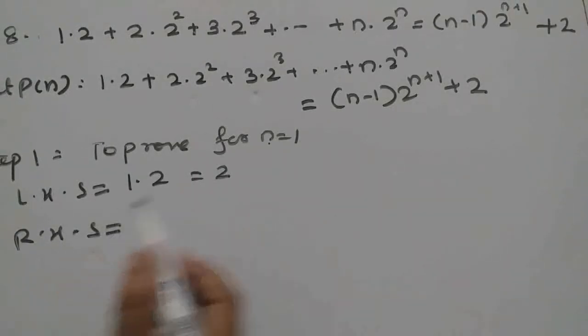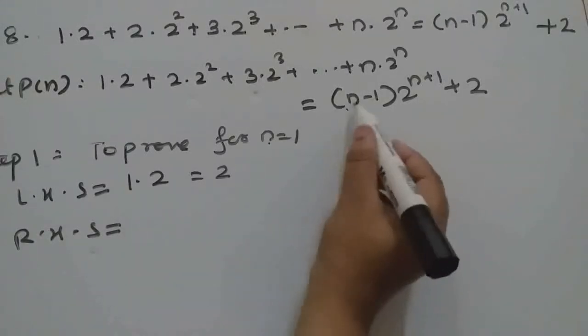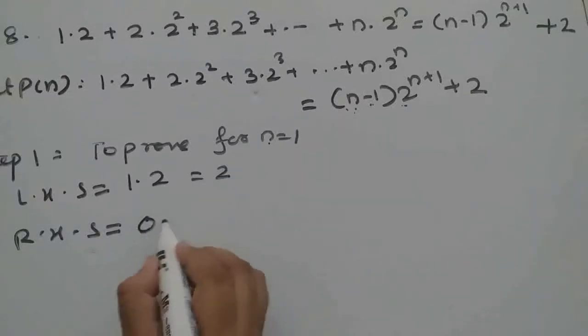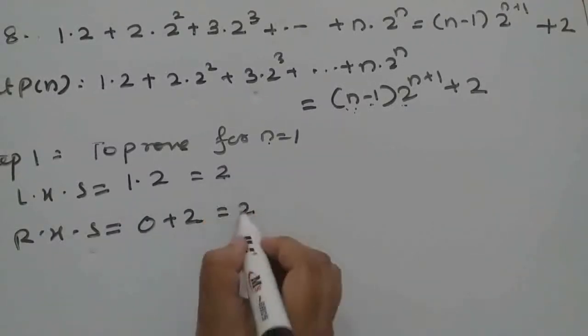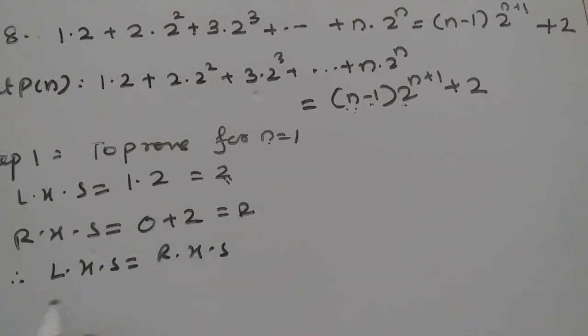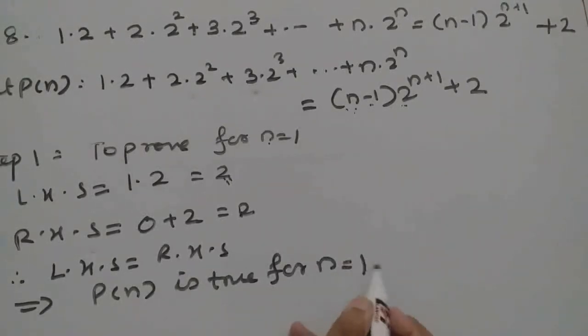Then RHS is what? We can substitute 1 here. So 1 minus 1 means 0. So 0 into anything will be 0 only. So 0 plus 2, that is 2. So see, both LHS and RHS are equal. So we can write LHS equal to RHS. That implies P of n is true for n equal to 1.